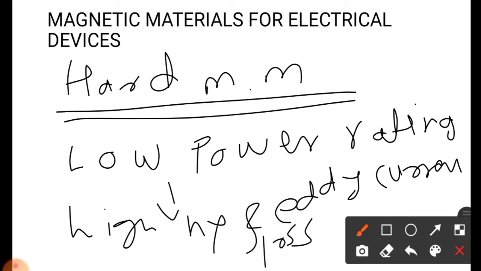These materials are used in certain types of electrical machines and all kinds of instruments and devices. It is also used in magnetic detectors.